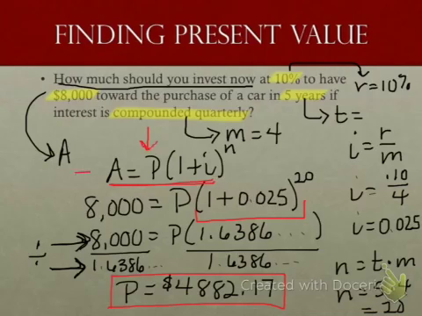This was a case where we had the A, and the P is what we were trying to solve for. In class, we'll be looking at situations where we're trying to solve for the rate or for the amount of time, and we'll talk about how to solve for those variables when we get together in class.